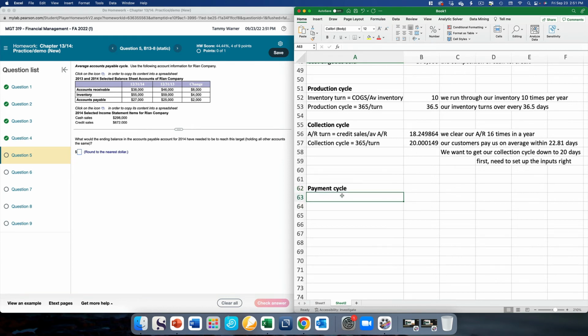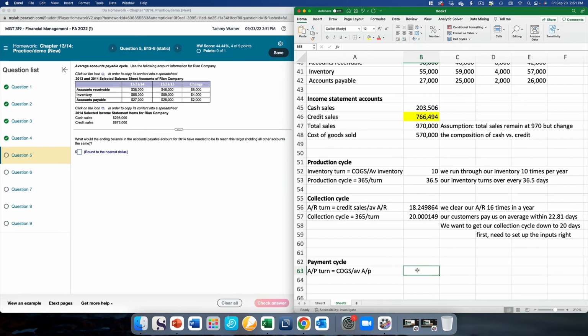Okay, to calculate the payment cycle, you first hit the AP turn, which is the cost of goods sold divided by the average accounts payable. So let's go grab that. Our cost of goods sold is 570. We divide that by the average accounts payable of 26.